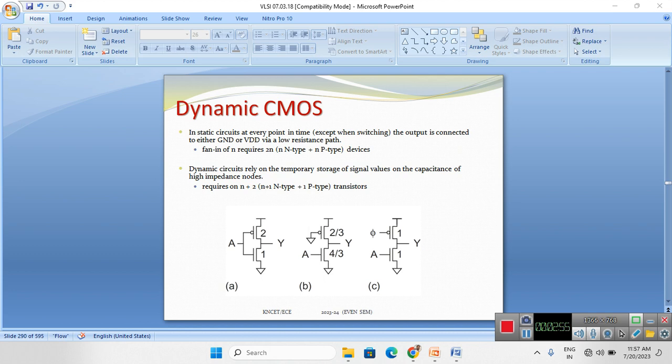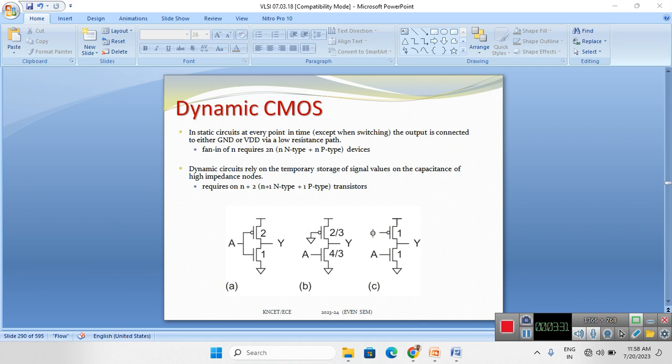So this is pseudo NMOS logic. And the third logic is called dynamic CMOS logic. Dynamic CMOS logic is also just like pseudo NMOS logic, but the comparison is that in pseudo NMOS logic the PMOS is permanently grounded, while in dynamic CMOS logic the PMOS is controlled by the signal phi.